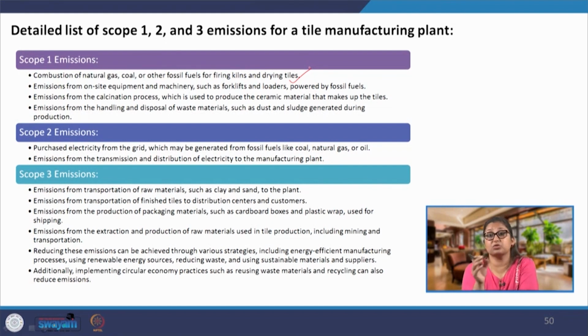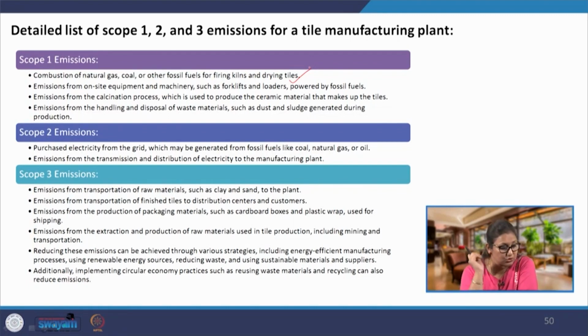So dust is also part of the emission that they are counting. However, if we look at the classification of GHG emissions, then dust will not directly be counted as a GHG emission. However, they have identified that as part of the scope for them to reduce, and there could be methods to suppress that.